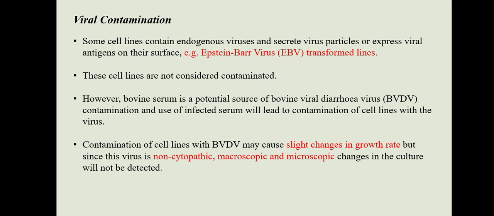Use of infected serum will lead to contamination of cell lines with the virus. Contamination of cell lines with BVDV may cause slight changes in growth rate, but since this virus is non-cytopathic, microscopic and macroscopic changes in the culture will not be detected.